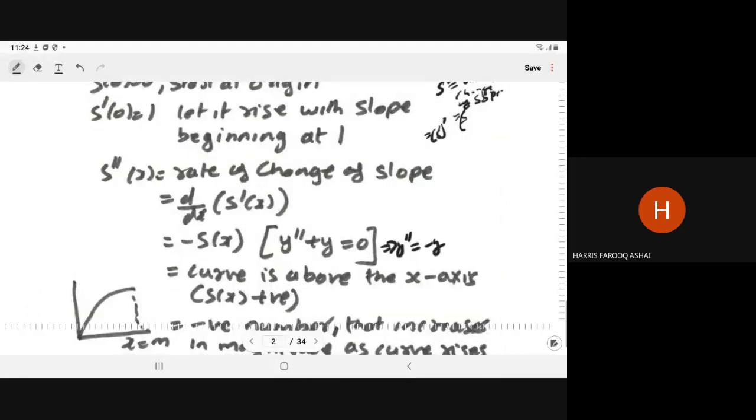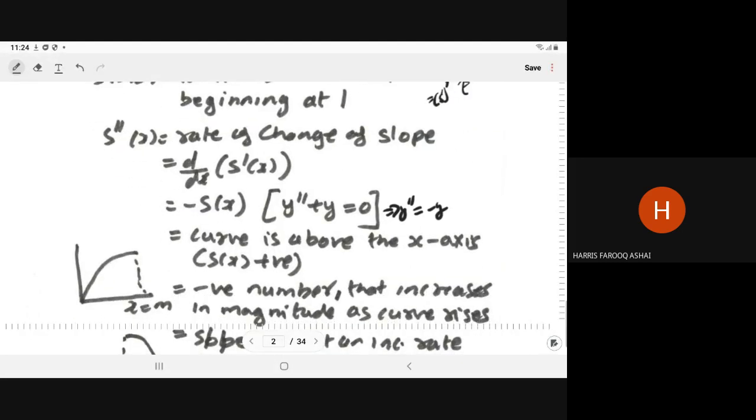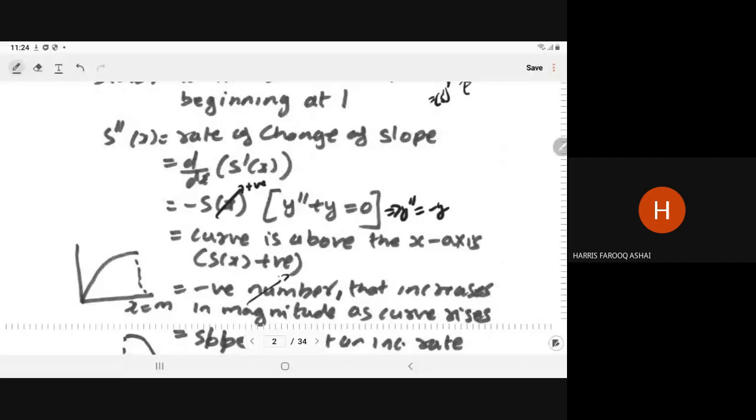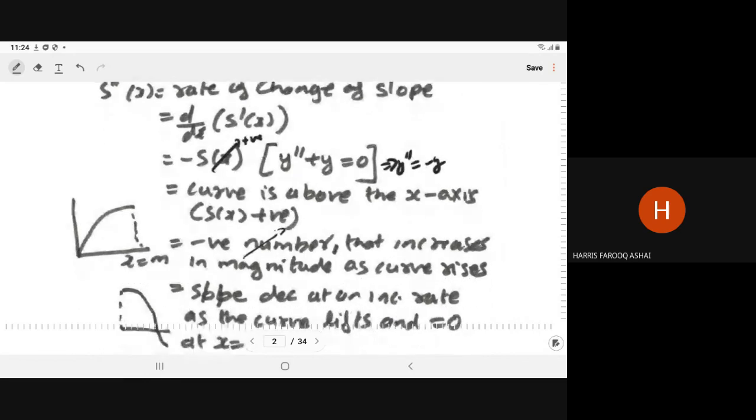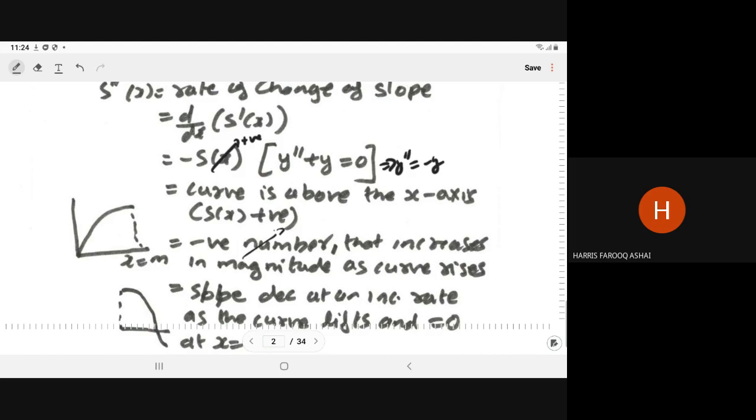Here the curve is above the x-axis, so sx is positive, and minus of the positive is negative. That increases in magnitude because the value of s is increasing as the curve rises. The slope decreases at an increased rate, right?